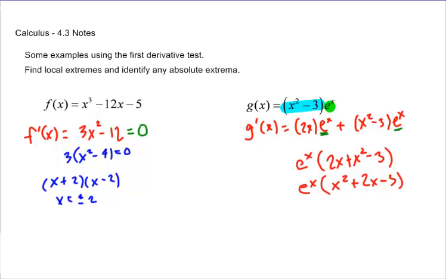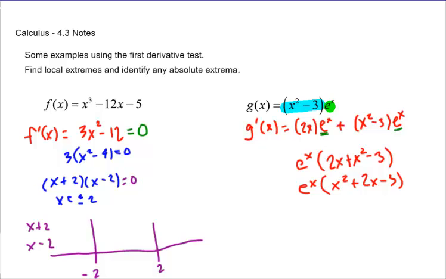So what does that mean? Well, set up a sign chart, and we'll use negative 2 and 2 for my sign chart, and use the two things that we're multiplying together to get 0. So use x plus 2 here and x minus 2 here. And this is really kind of a cool thing.